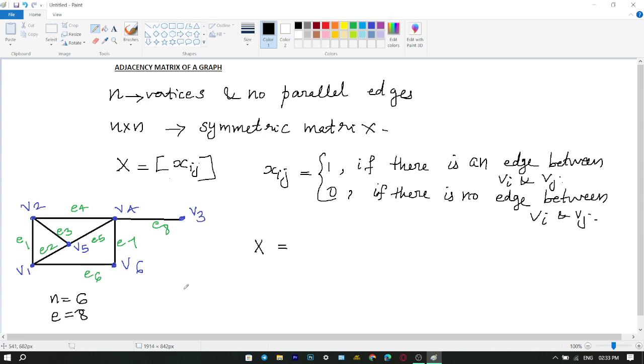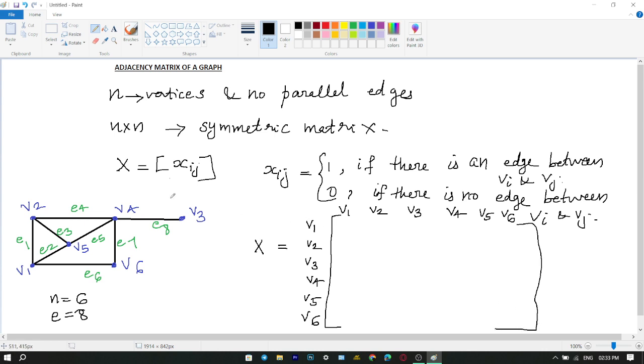So here we have a symmetric matrix of order 6 by 6. Now we can arrange the vertices here V1, V2, V3, V4, V5, V6, and similarly along the other side, V1, V2, V3, V4, V5 and V6.